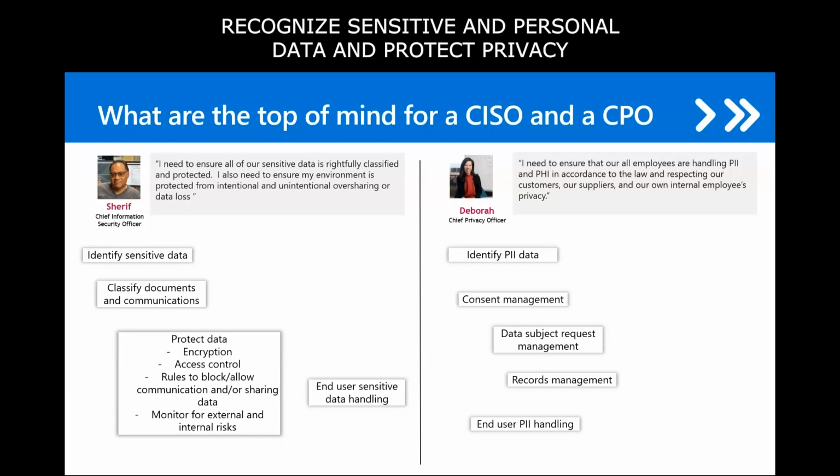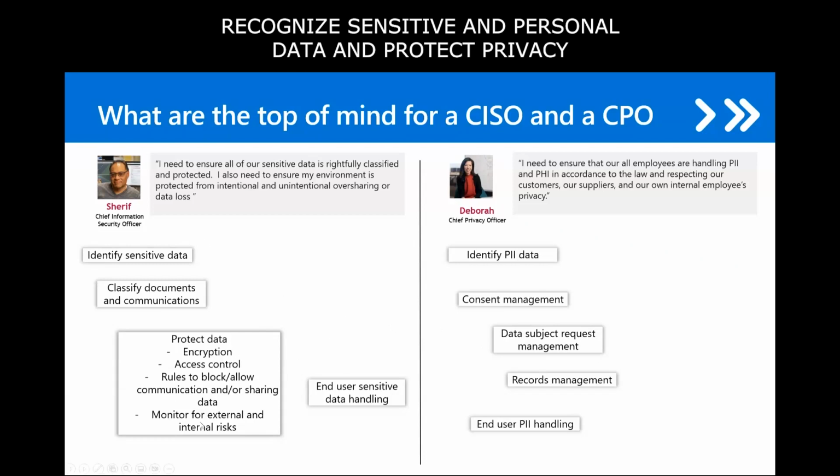If we think a little deeper, their objectives have similarities and some differences. Both of them want to protect their data. They do not want to expose PII or sensitive data because there is a reputation cost or even a monetary cost to it.